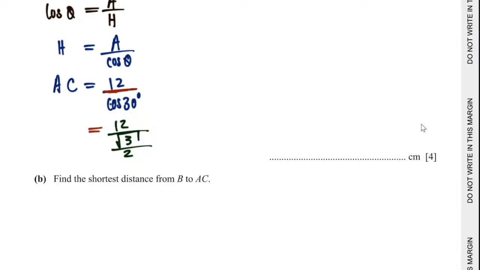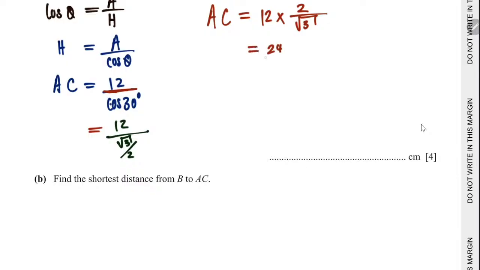When you're dividing by a fraction, you multiply by the flip. So AC will be equal to 12 times, you now flip, 2 over root 3, which becomes 24 over root 3.